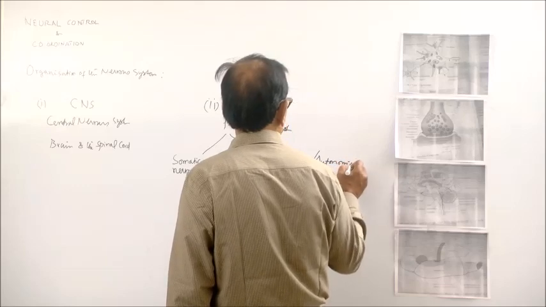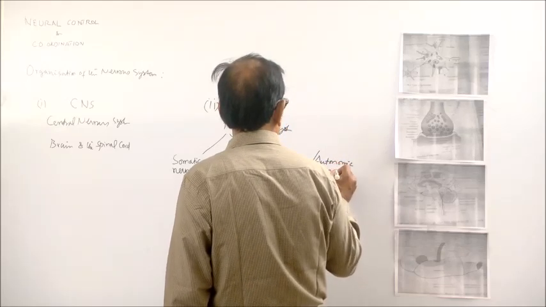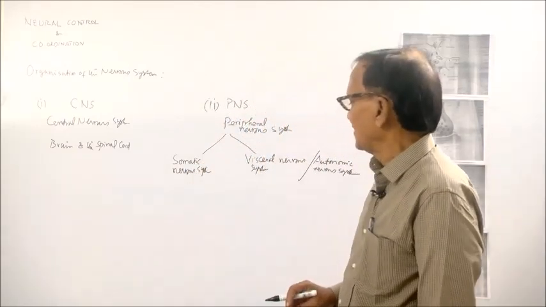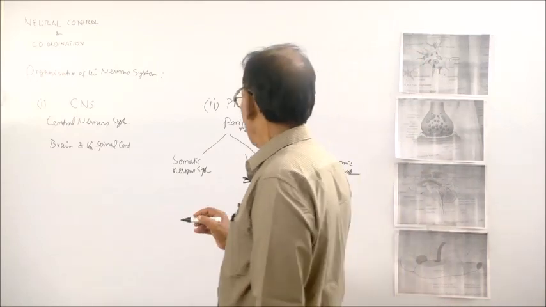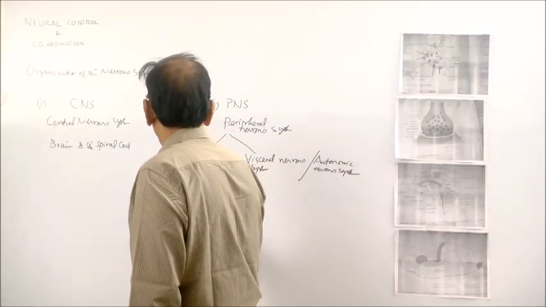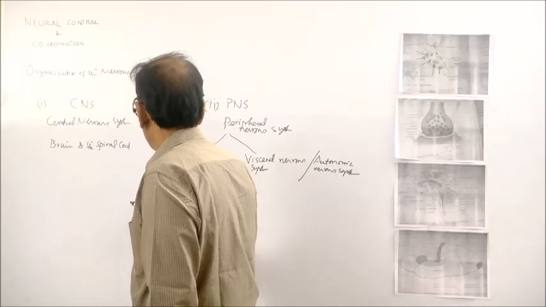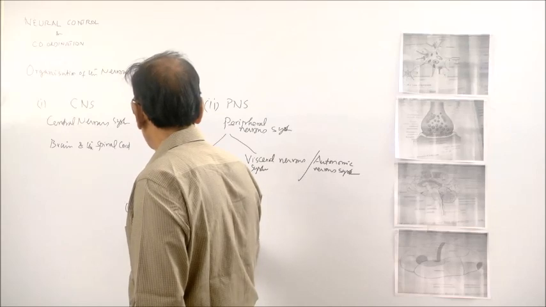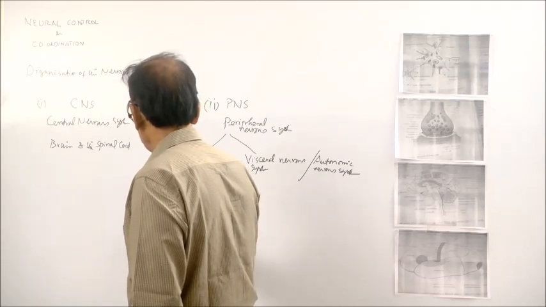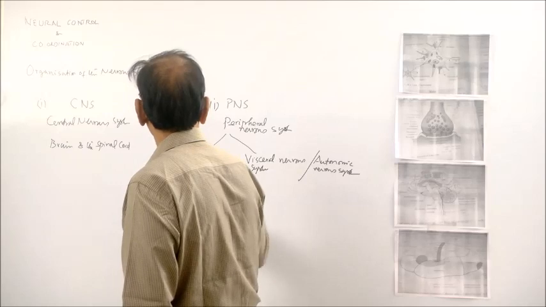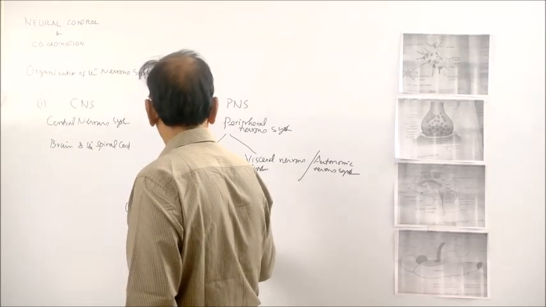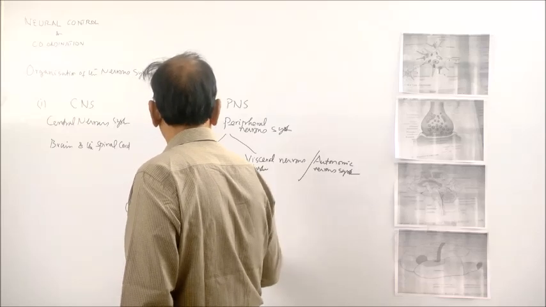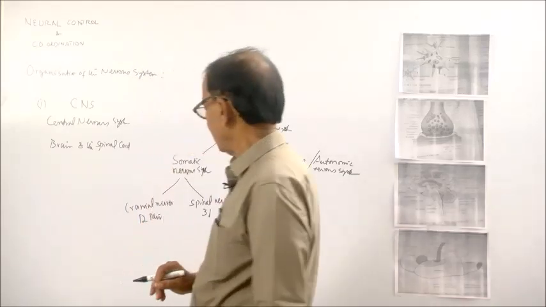The somatic nervous system consists of 12 pairs of cranial nerves and spinal nerves, 31 pairs. Now, these nerves are all paired.